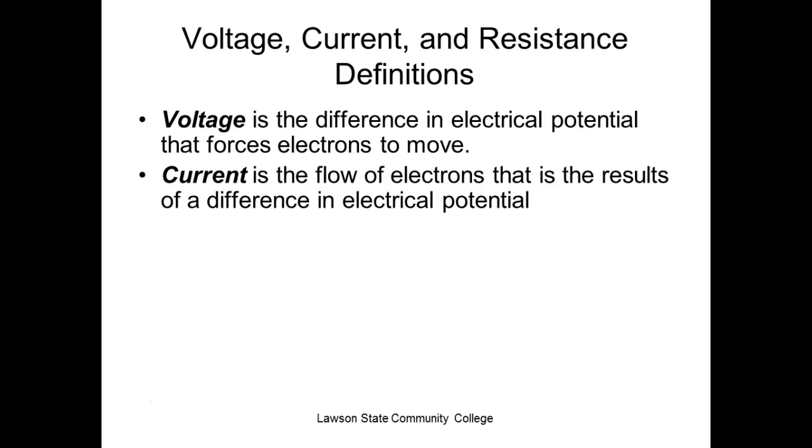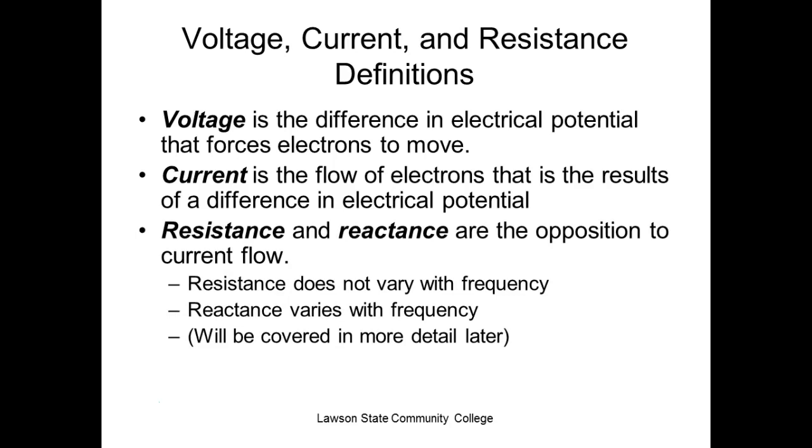Current is the flow of electrons that results from a difference in electrical potential. And of course, we have to have a path. Resistance or reactance is the opposition to the flow of current. So one thing, I can't create work unless I push against something, right?